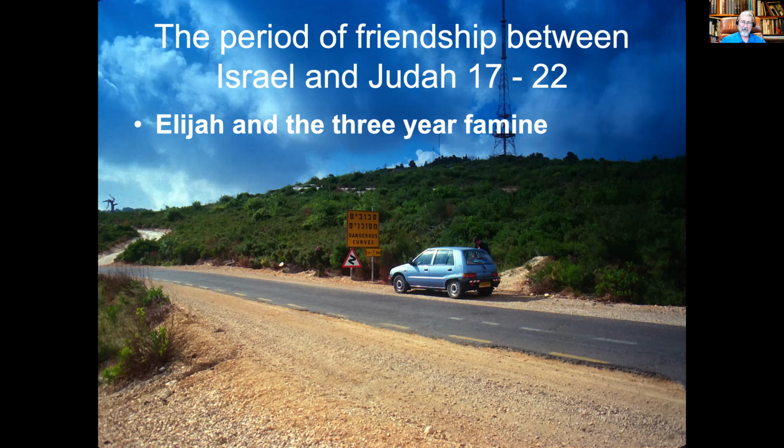And I'm not sure I would want to eat anything that birds brought me, but that's what Elijah did. After a while, the brook dried up, and he went on to a place called Zarephath, where there was a widow with a son. And the widow of Zarephath fed him and cared for him throughout the rest of this time of famine.